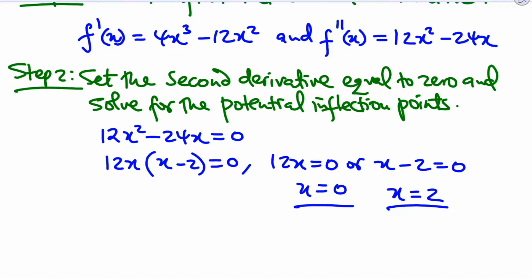So what do we do next? We are going to use a sign diagram for the second derivative to check for change in concavity around these potential inflection points.